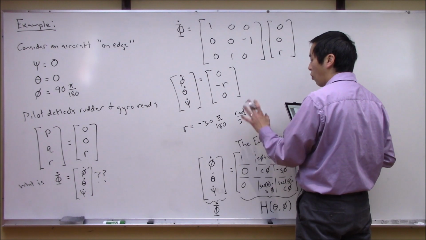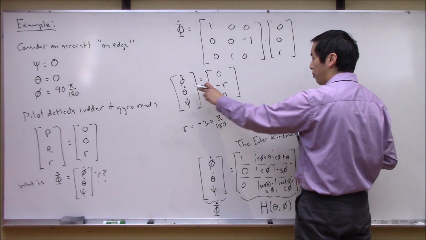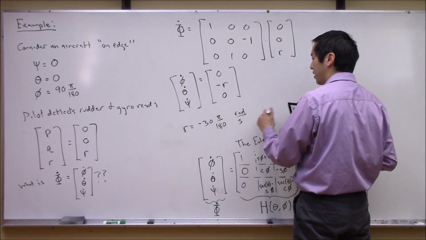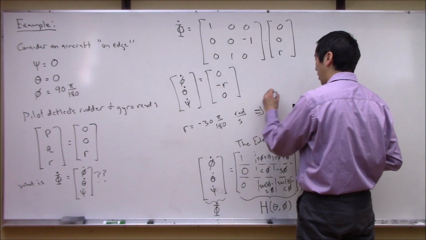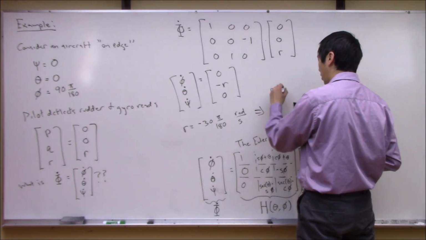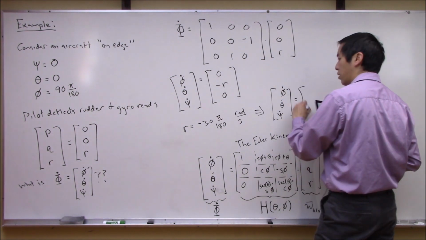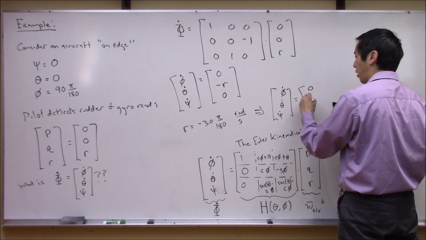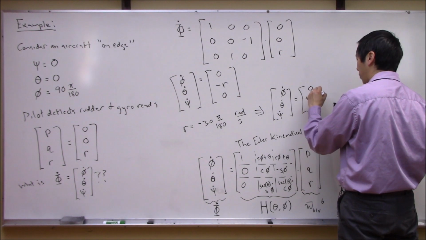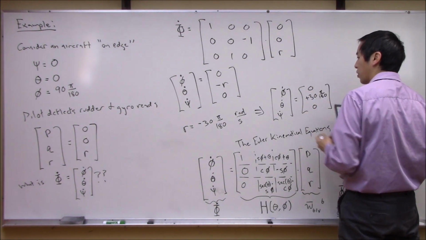If you plug this in, you would get that phi dot, theta dot, and psi dot are going to be 0, positive 30 times pi over 180, and 0.